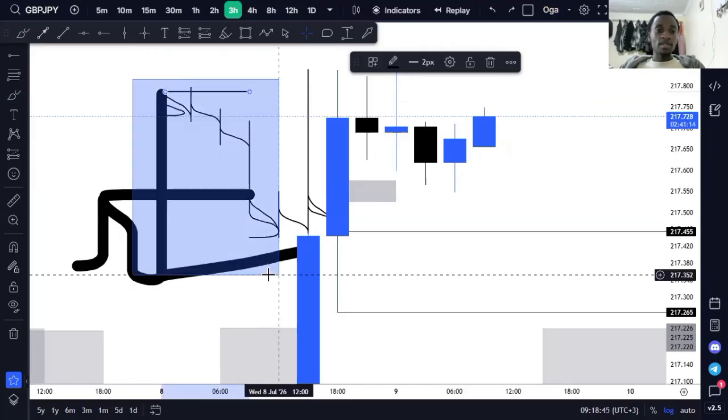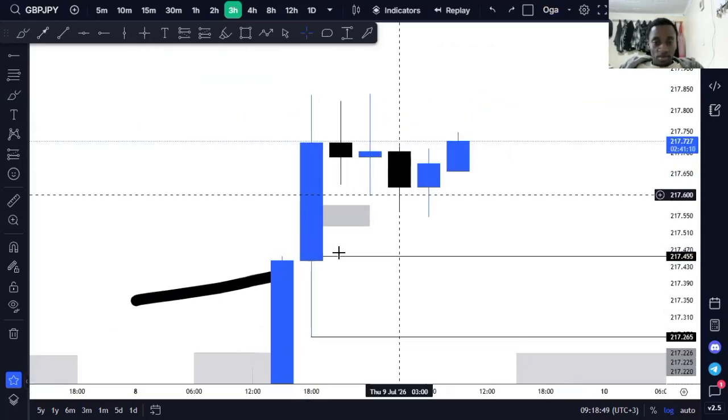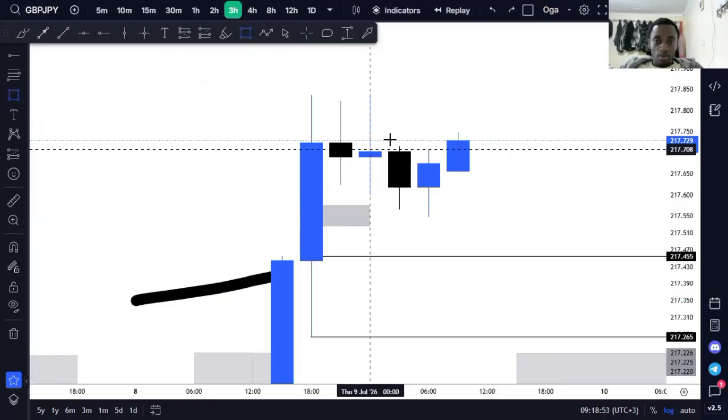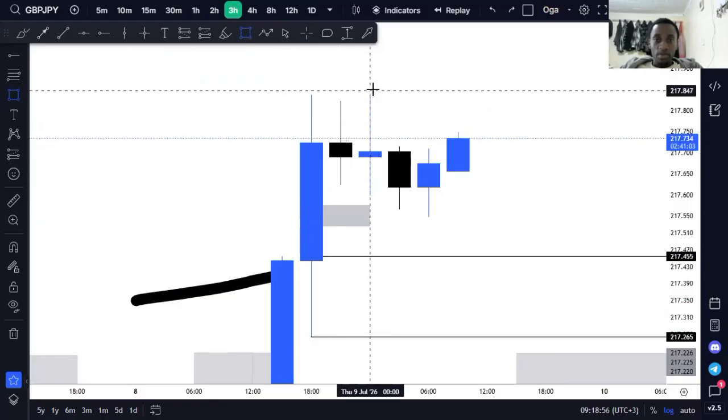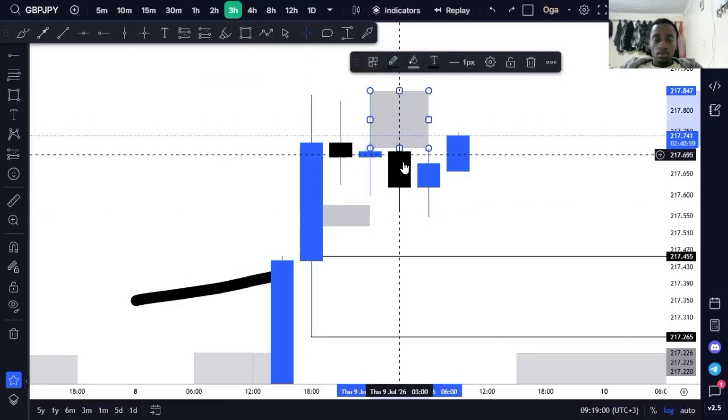And so far I'm seeing it's the exact thing that is forming right now, because yes, it presented a structure here, this blue candle inside, between the two black candles.